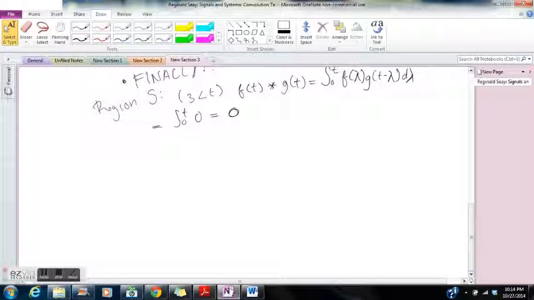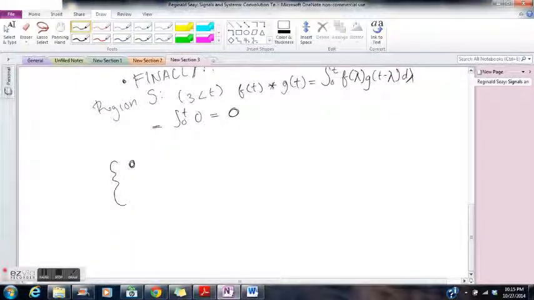Now we can write our final convolution. Just another way to write the convolution, just to sum up everything that we've done. Let me erase that real quick and erase this T. We say that 0, because that's what the value was for the first one, is for the range of t less than 0.